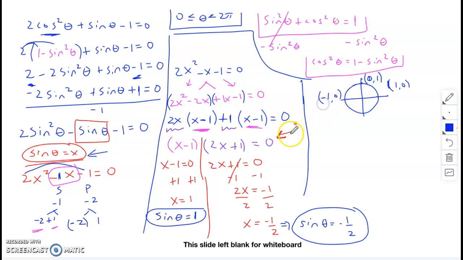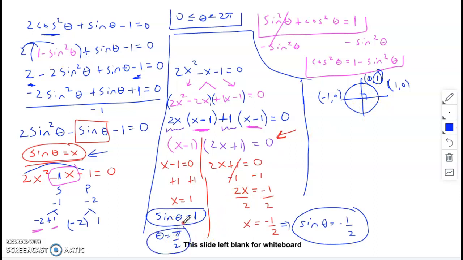I hope you get the idea. X is your cosine, y is your sine. So y equals 1. This angle is 90 degrees, which, because I'm doing it in terms of pi radians, is the same as pi over 2. So my first answer is pi over 2.